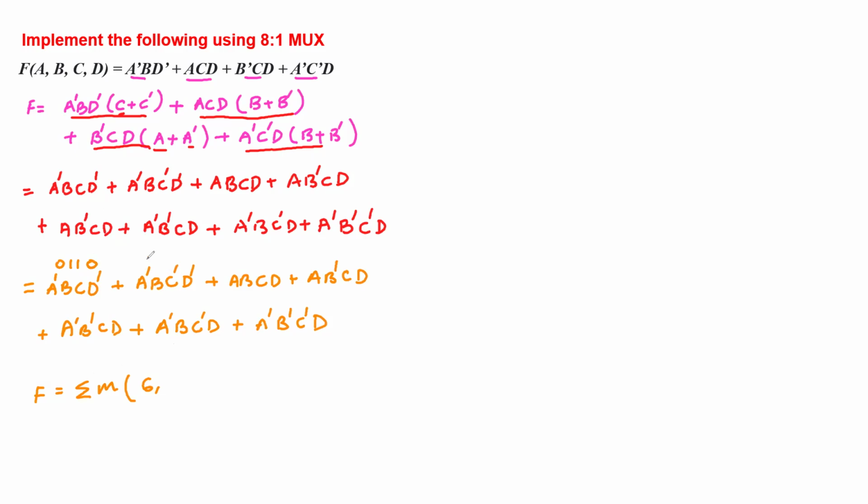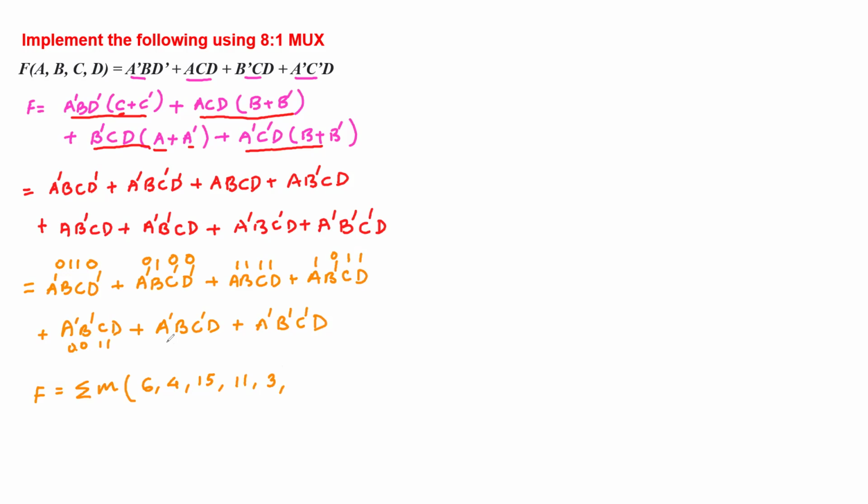Then this is 0, 1, 0, 0, that is min term 4. So we'll write 4. This is 1, 1, 1, 1, that is min term 15. This is 1, 0, 1, 1, so that is min term 11, and this is 0, 0, 1, 1, so that is min term 3.